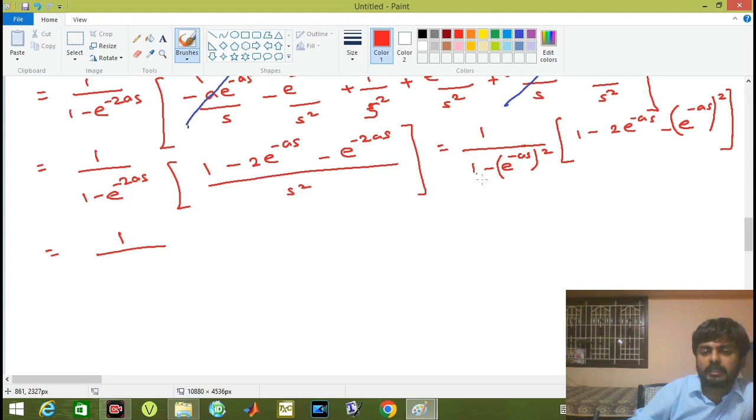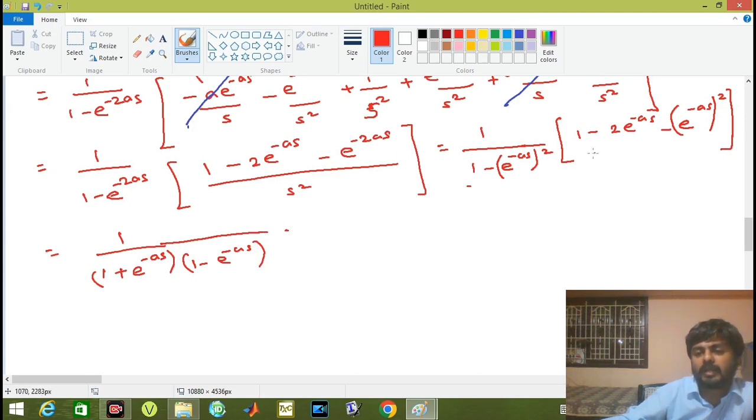1 divided by, this is in the form of a square minus b square. So you will have a plus b into a minus b. So 1 plus e power of minus as into 1 minus e power minus as, into, see here you are having the denominator by s square.